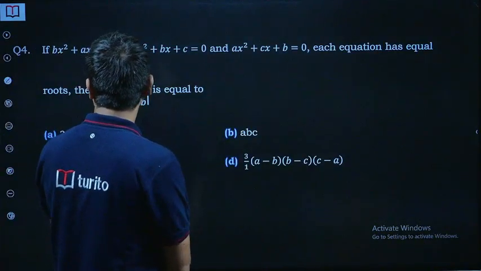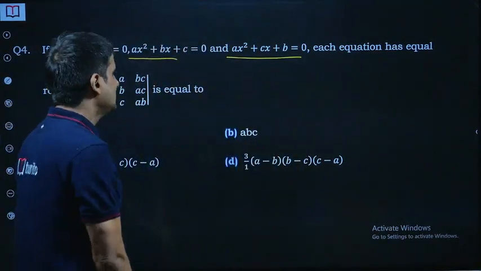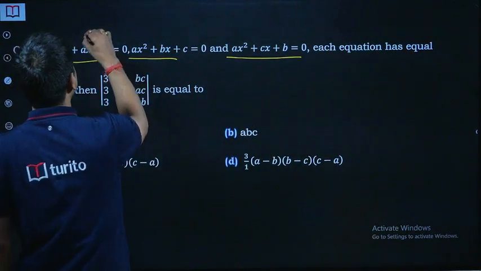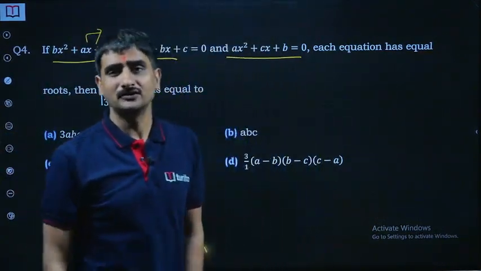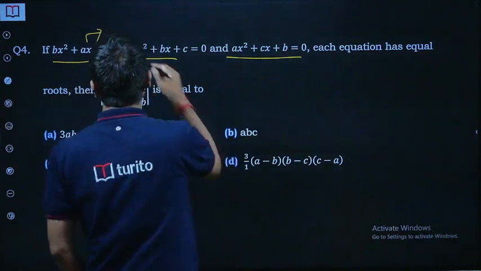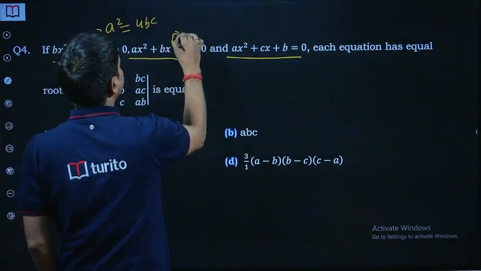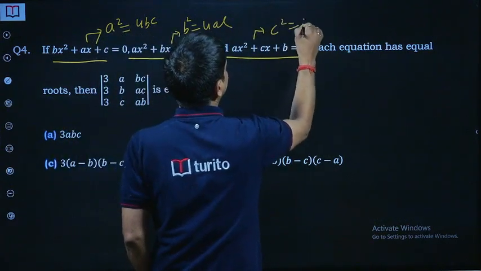Now moving to the fourth question, if each equation has equal roots, then this is equal to? See, a quadratic equation having equal roots, what does that mean? That means discriminant is 0, so its discriminant gives A square is equal to 4BC, similarly B square is equal to 4AC, similarly C square is equal to 4AB.